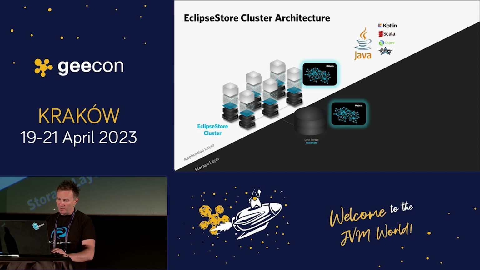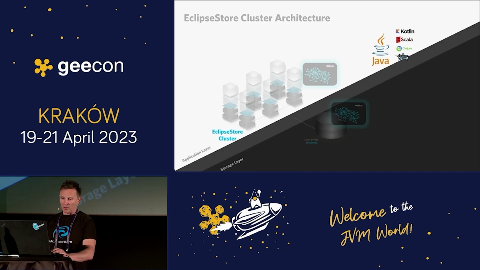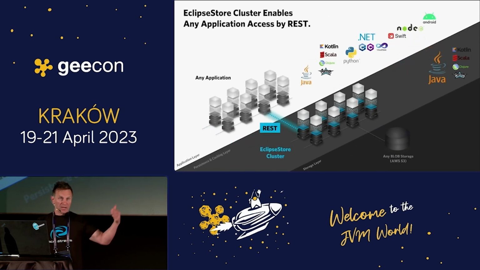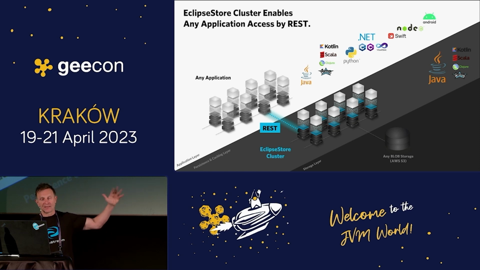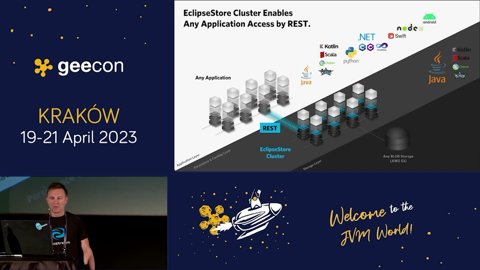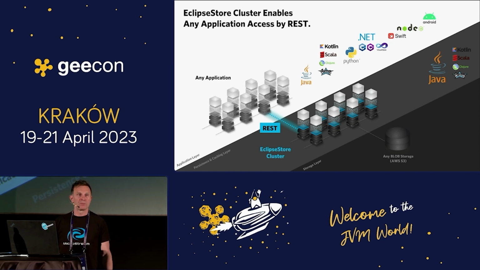But you can also put the EclipseStore cluster in between your application nodes or microservices. Then they can be stateless and just query the EclipseStore cluster by REST calls. You can also use GraphQL to query the EclipseStore cluster.